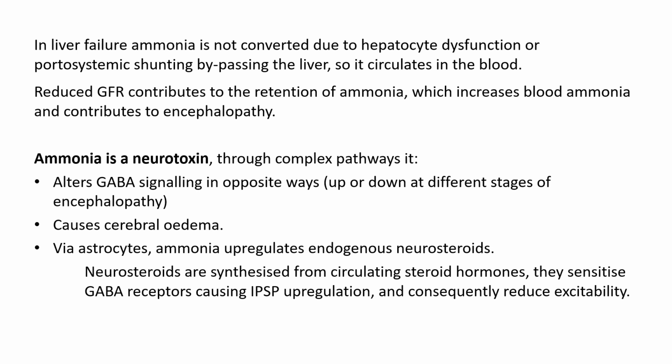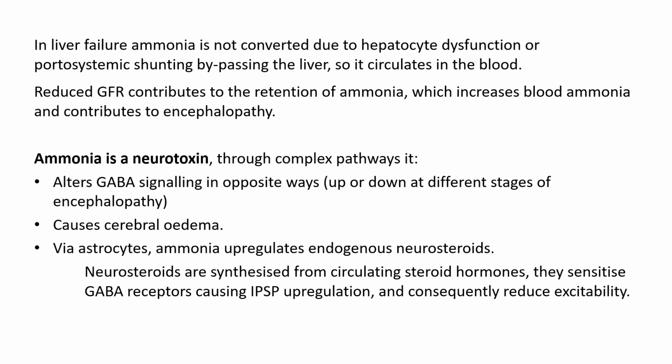It impacts on astrocytes. Remember the importance of astrocytes in the brain in determining the levels of neurotransmitters at synapses. So via interaction with astrocytes, ammonia then upregulates neurosteroids, endogenous neurosteroids. Now, neurosteroids are normally synthesized from circulating steroid hormones.